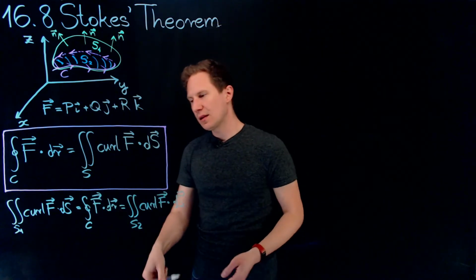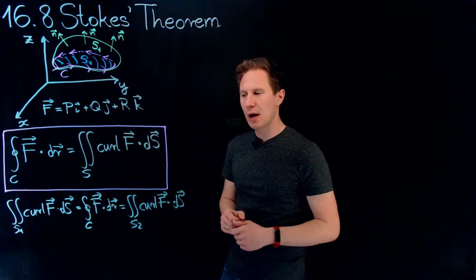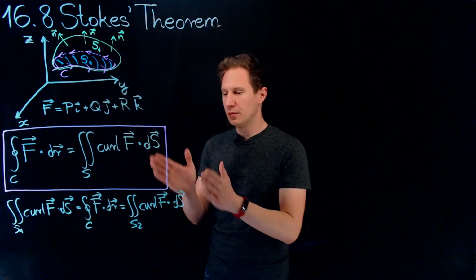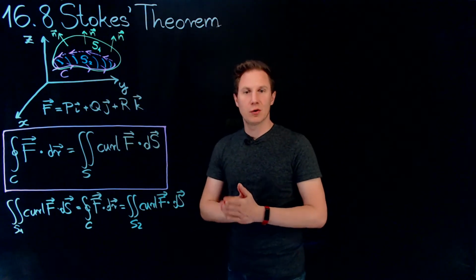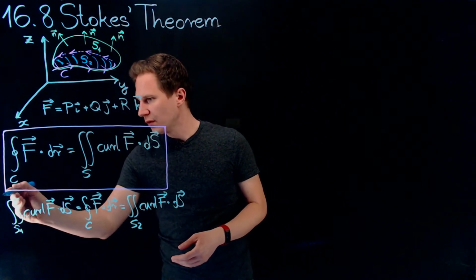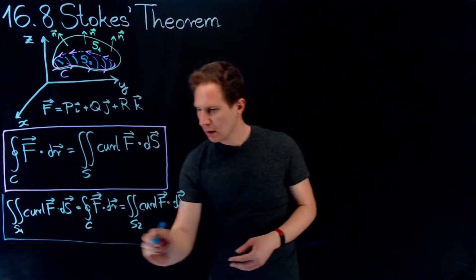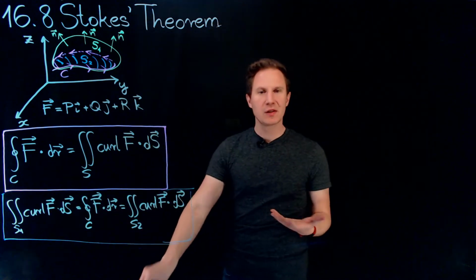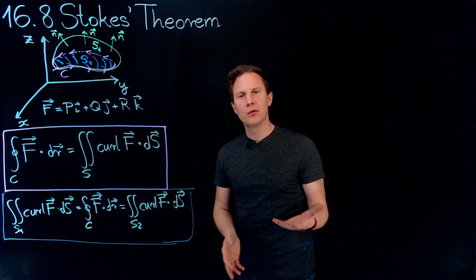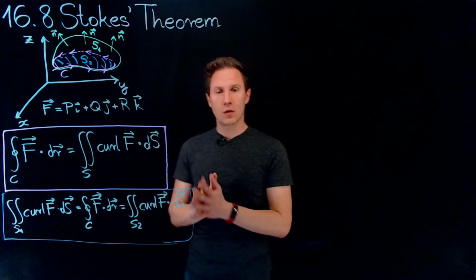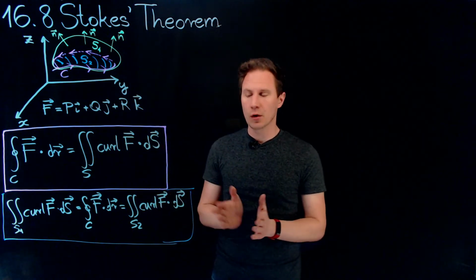So you can see that if you have two surfaces with the same boundary, then the surface integral of the curl of f will be equal for these two surfaces. So this is useful if, for example, you want to evaluate a surface integral, but the surface is too complicated, and you could choose a simpler surface with the same boundary for which the surface integral can be easily computed.